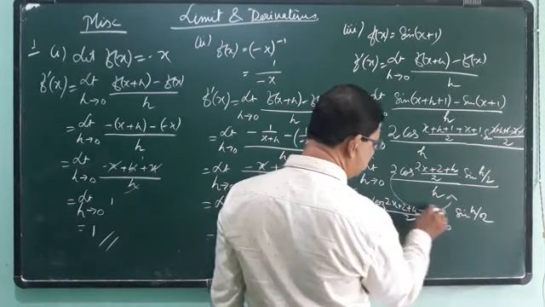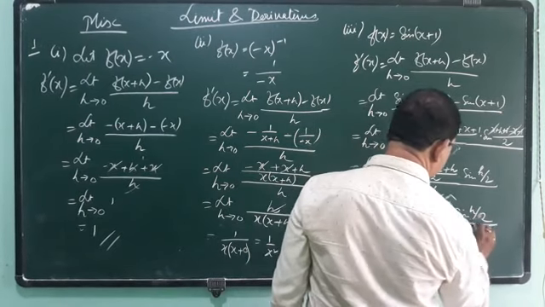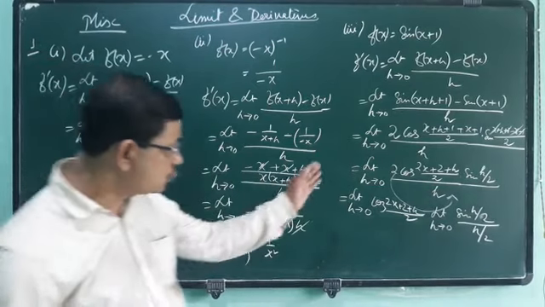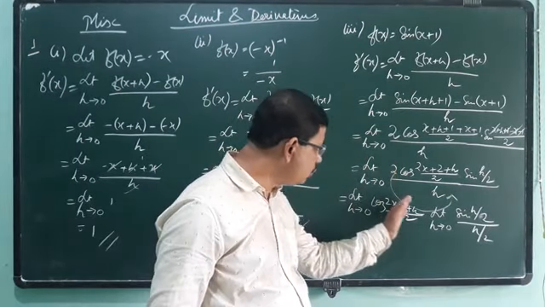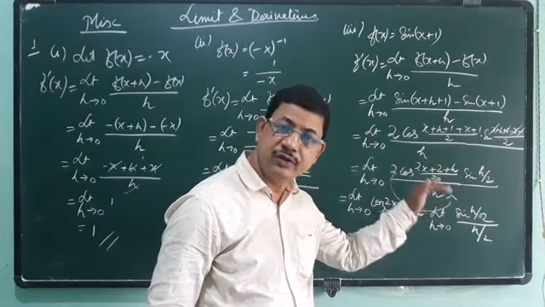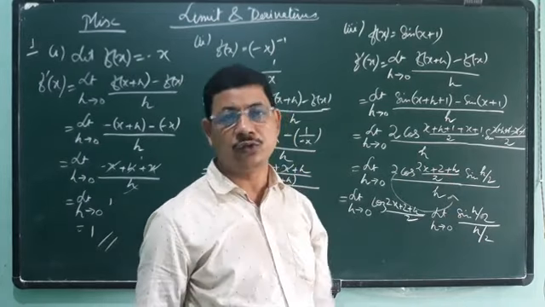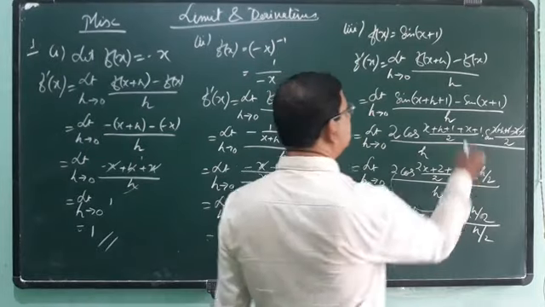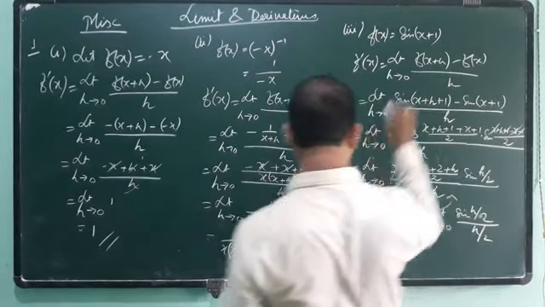As I have taken this 2 below, here also we will write h by 2. Students, I again want to repeat: if we take this 2 in the denominator, it will go to h by 2 form.